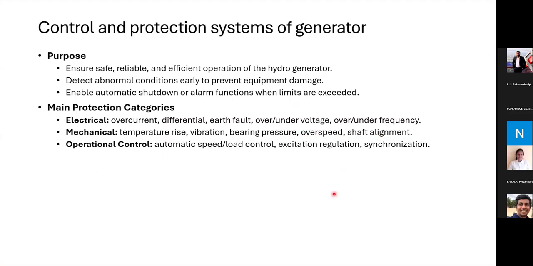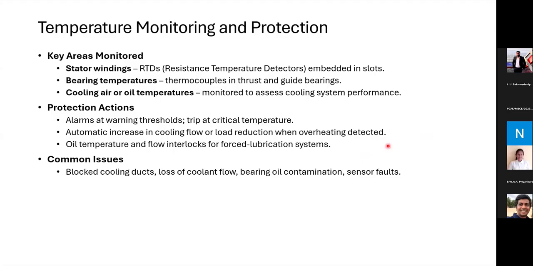Those kinds of elements should be monitored and detected for any abnormalities, and necessary protective actions taken when they are bypassing the normal or safe operating regions. Then apart from that, we have operational controls associated with the generator, like automatic speed and load control, excitation regulation, and synchronization, associated with the operation of these generators.